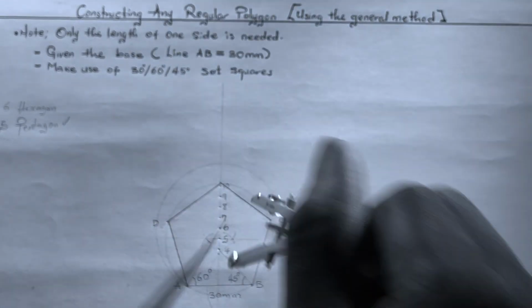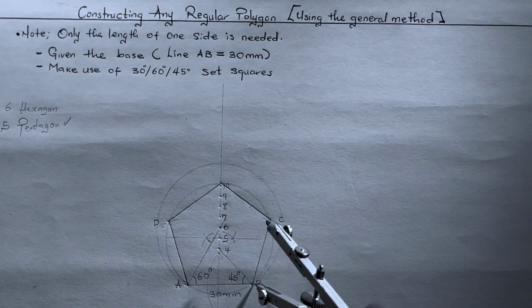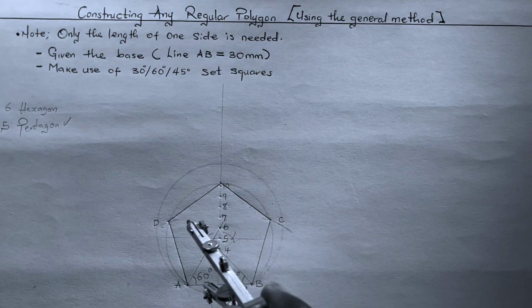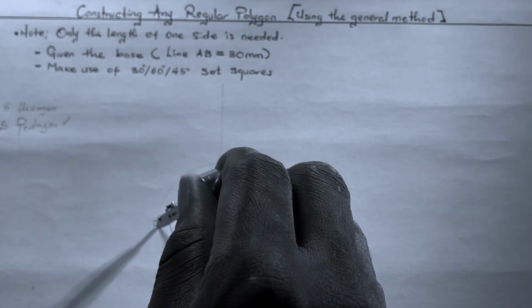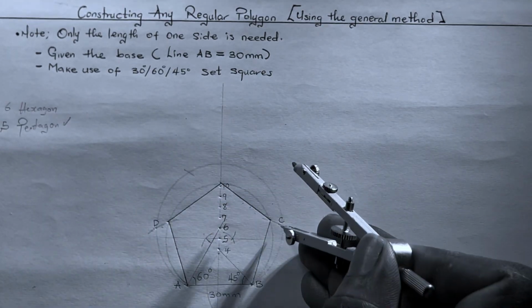After doing this, we bring our line AB from this point and extend it to the other sides of the circle so as to construct our hexagon.